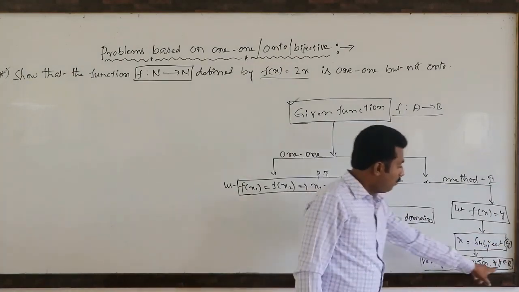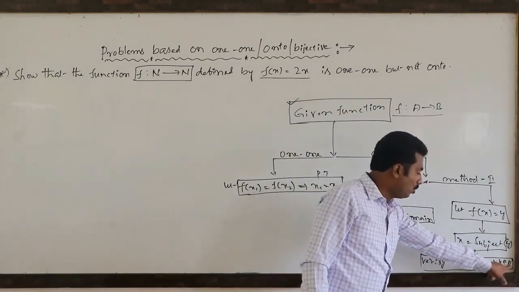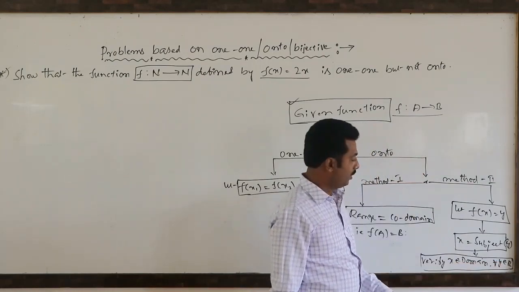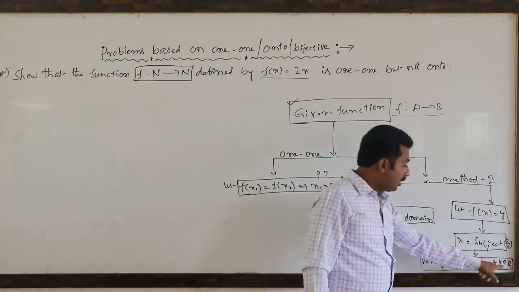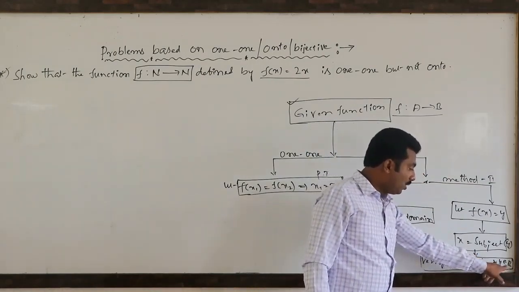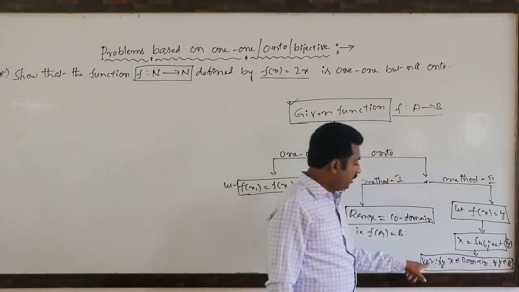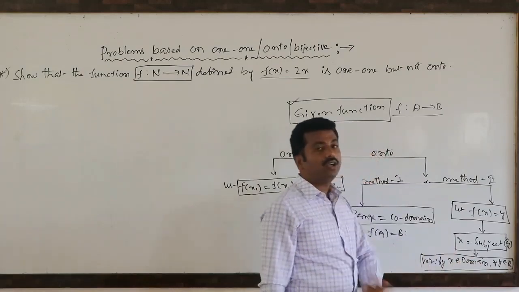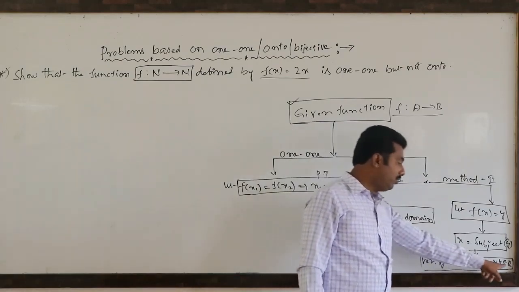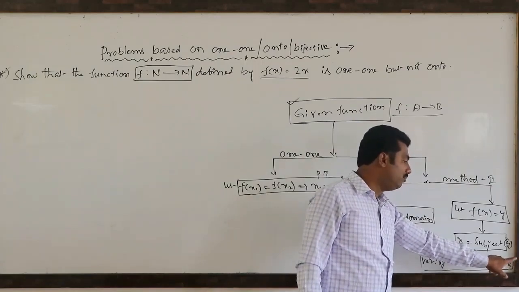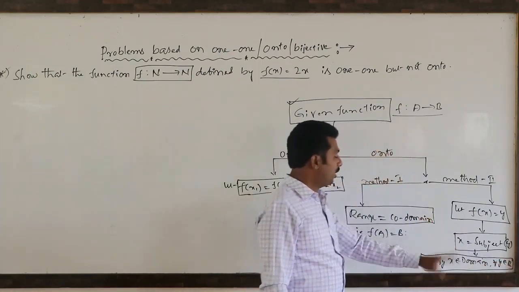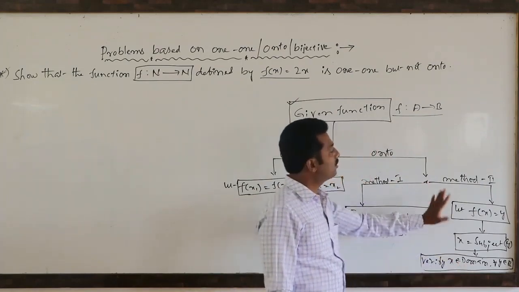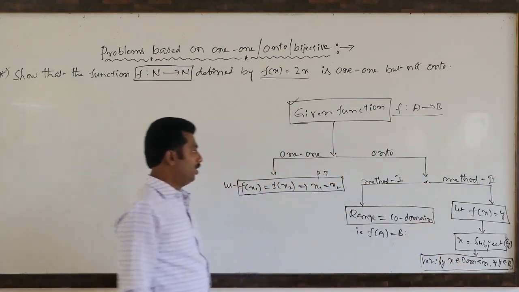Later, for every y belonging to the codomain, we verify whether x belongs to the domain or not. If there exists at least one y belonging to B such that x does not belong to the domain, then it is not onto. That is, for any y belonging to the codomain B, there exists a pre-image in the domain. If we prove that, then it is an onto function.